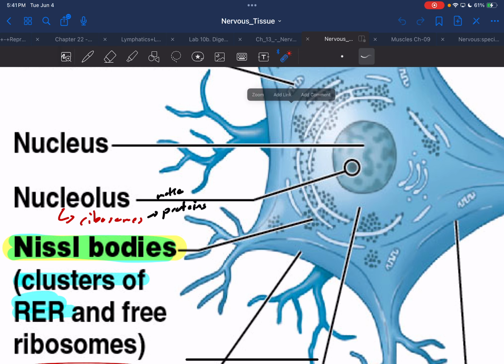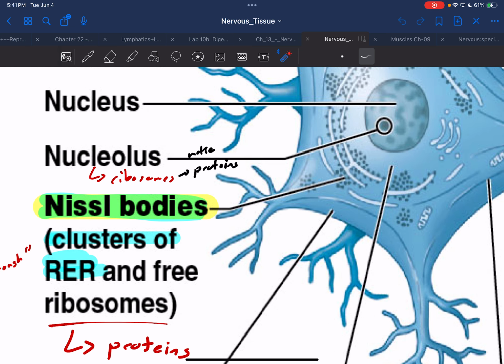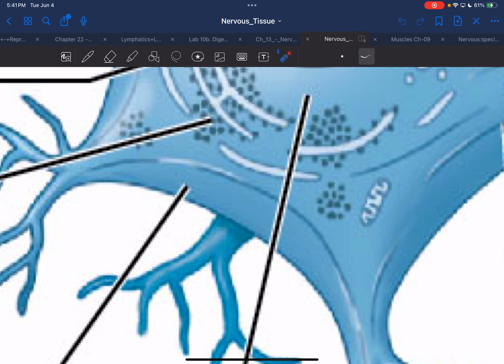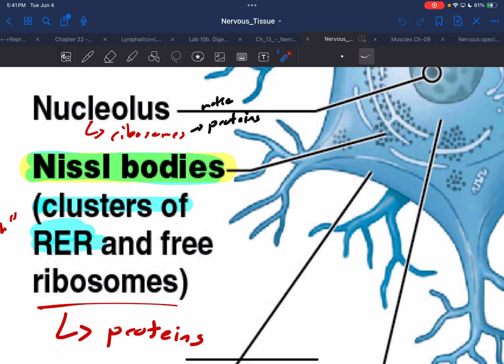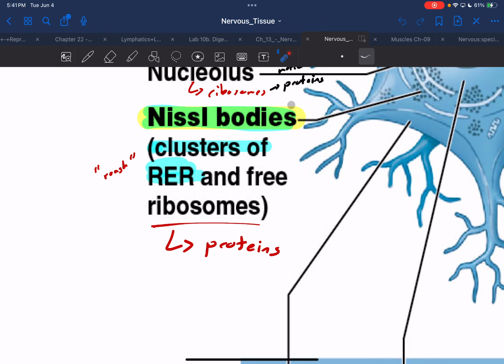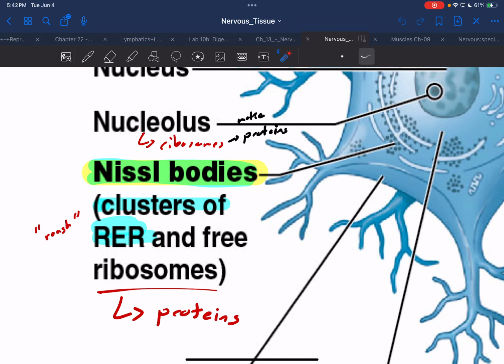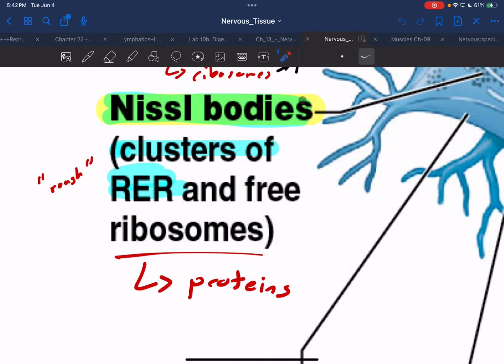The rough ER groups up into clusters and also with free ribosomes. Like here you can see free ribosomes, and here you can see ribosomes attached to the ER. These together are called Nissl bodies because they make these unique structures. So these are clusters of rough endoplasmic reticulum and free ribosomes.